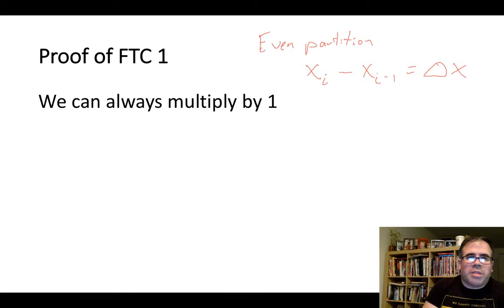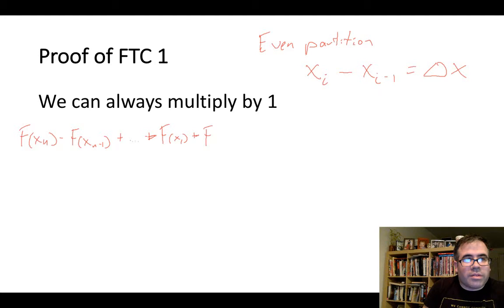And we can always multiply by 1. So with our big, huge expansion, we can take our big sum, f of x n minus f of x n minus 1 plus ... plus f of x1 minus f of x0.